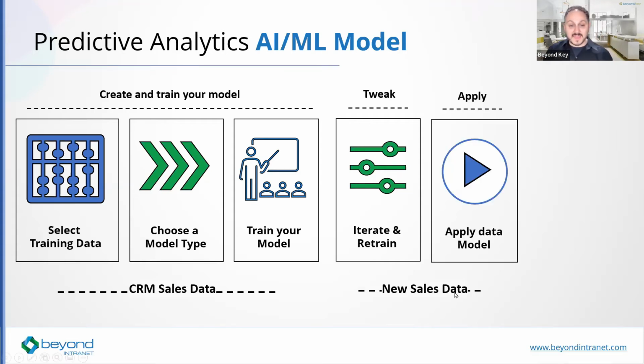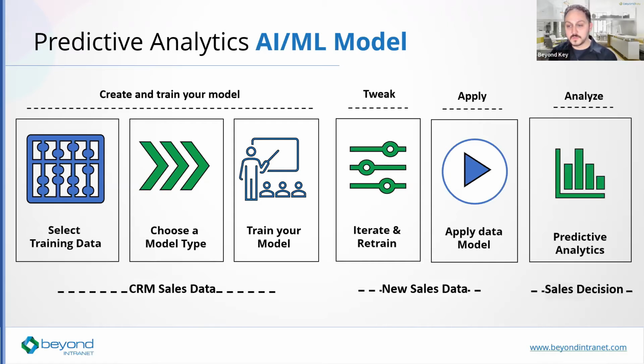Furthermore, you could then apply that data model to Power BI. And this is when you start to use predictive analytics to help improve your sales decisions. So again, if you start taking a look at your model and maybe you're looking at where do our clients come from? By looking at all this information, maybe in the past you had to go through a long spreadsheet or you had to download your CRM information to see what was going on.